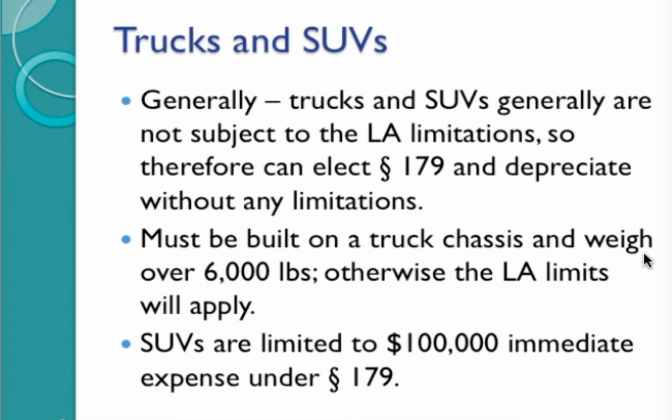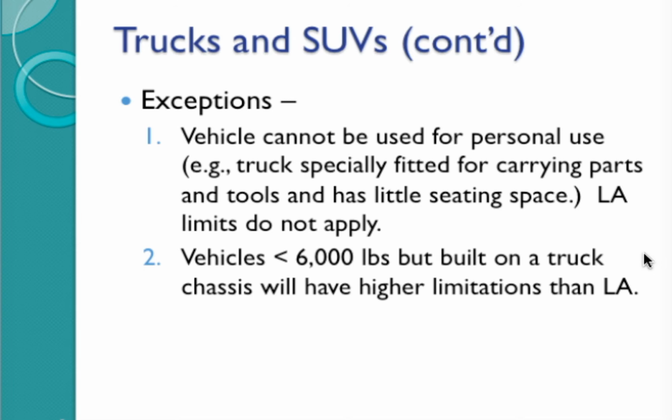And so if that really is the case, those would not be considered trucks and SUVs for these purposes. SUVs are limited to $100,000 of immediate expense under 179. There are some exceptions as well. The vehicle cannot be used for personal use, and the luxury auto limits do not apply there.